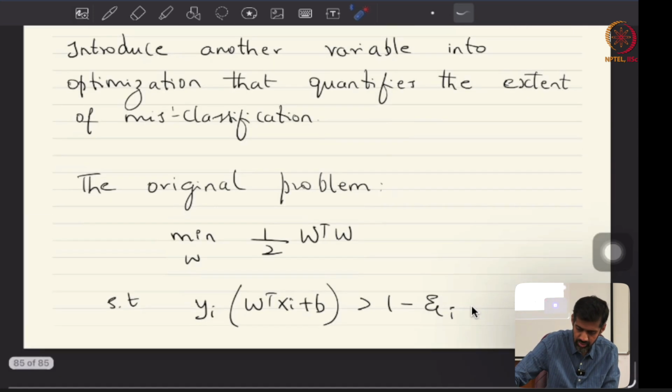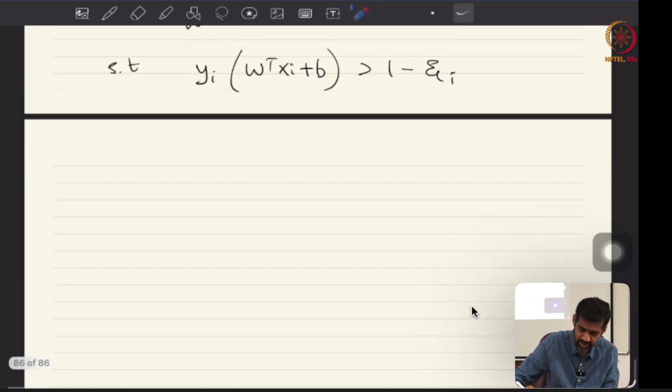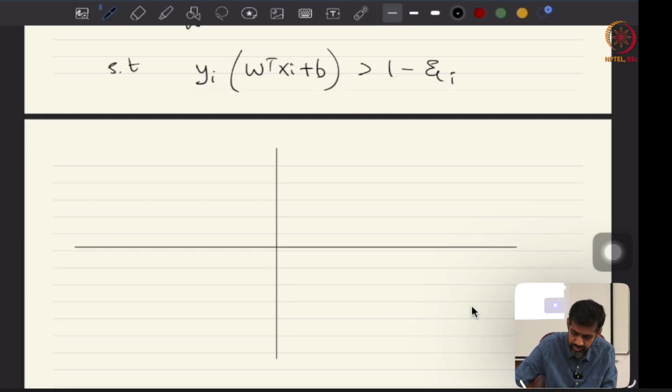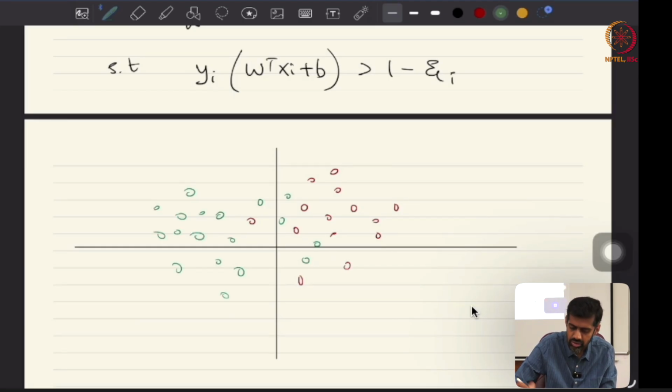Here what am I doing is, let me write it geometrically, maybe then you will appreciate it much better. In the case where this is not linearly separable, let us say that I have a decision boundary here.